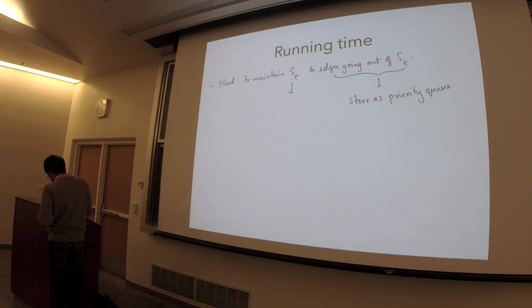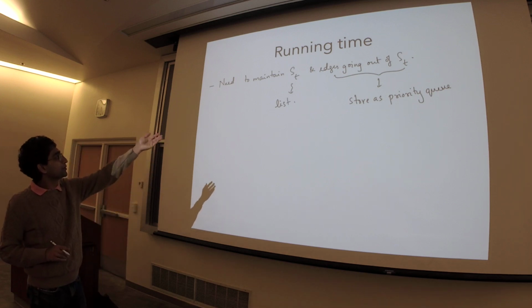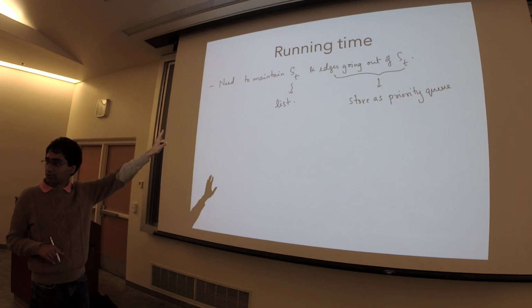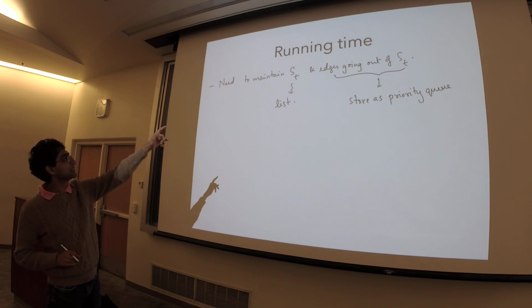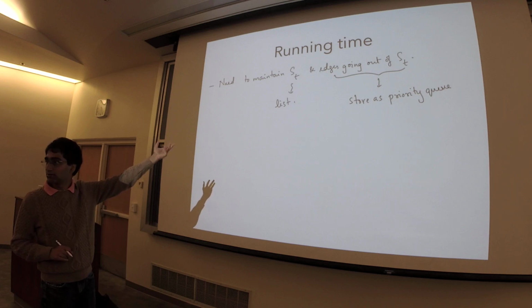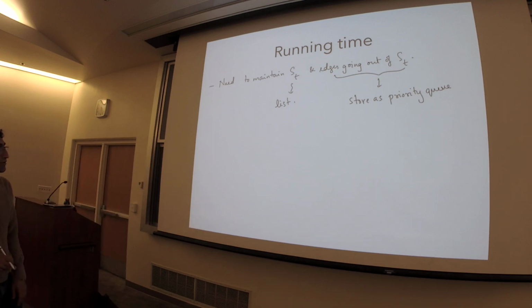And this one, let's just maintain it as a list. Not clear if this one matters. Or if you really want, you can maintain this as a Boolean array. That also takes only n amount of space. So a Boolean array would say if some vertex is in that set or not. So think about it either way.